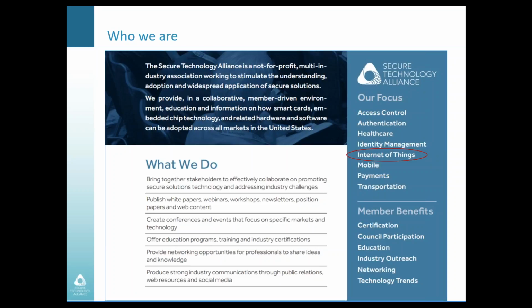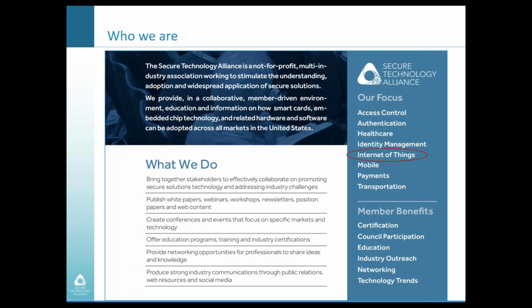For those of you who are not familiar with the Secure Technology Alliance, here's a brief overview. The mission of the Secure Technology Alliance is to work to stimulate the understanding, adoption, and widespread application of secure solutions. We do so by providing, in a collaborative, member-driven environment, education and information about how smart cards and embedded chip technology and related hardware and software can be adopted across all markets.